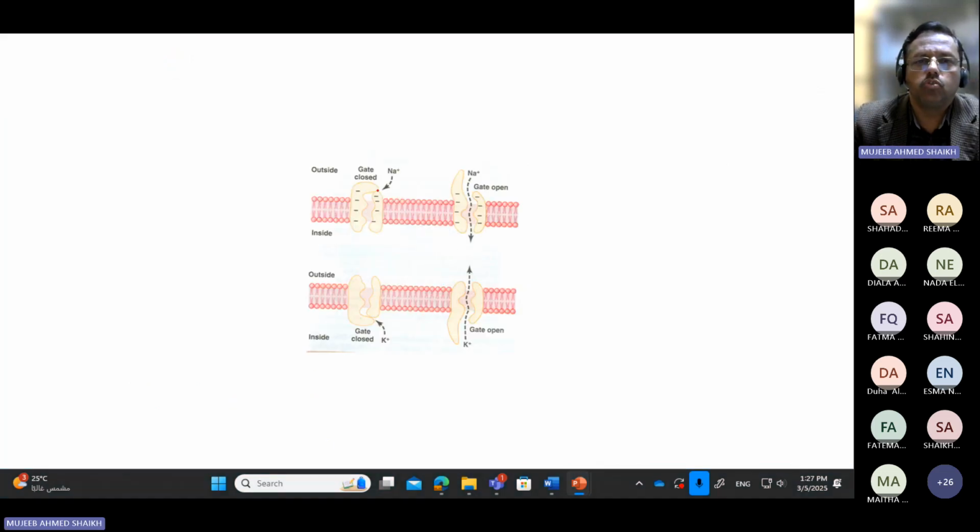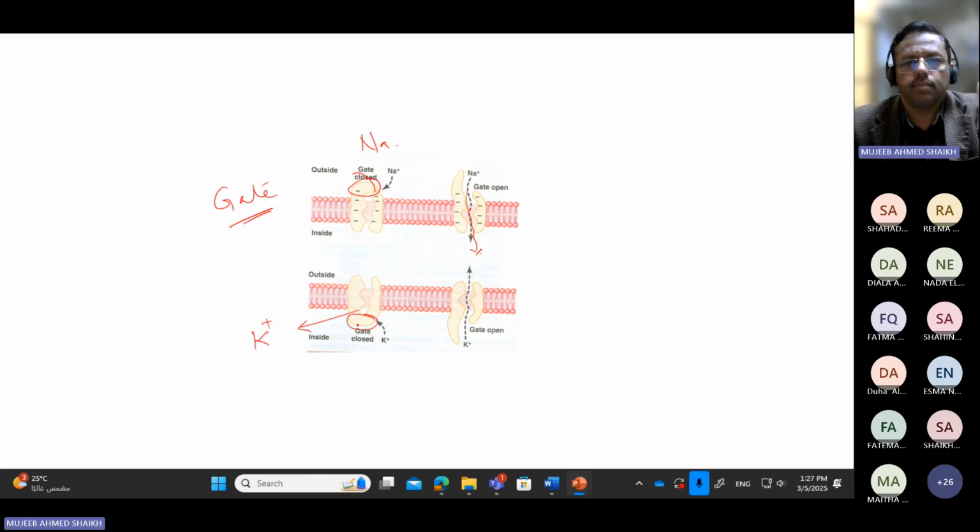These protein channels also have some gates. They are gated. Here you will see this is a sodium channel which has a gate outside. Once the gate opens, the sodium will move into the cell. So this sodium channel is causing facilitated diffusion of sodium. Whereas this is a potassium channel, which has a gate inside.